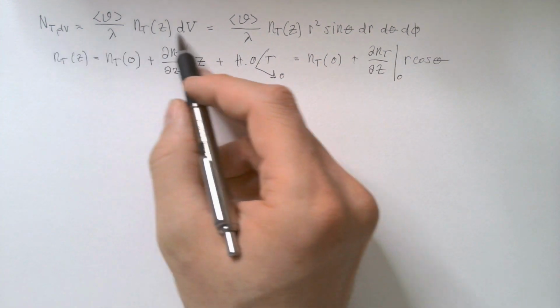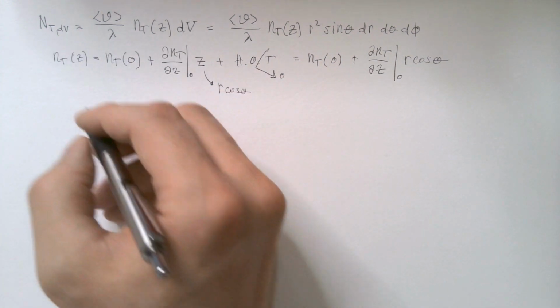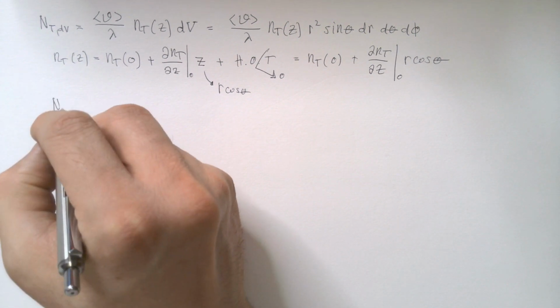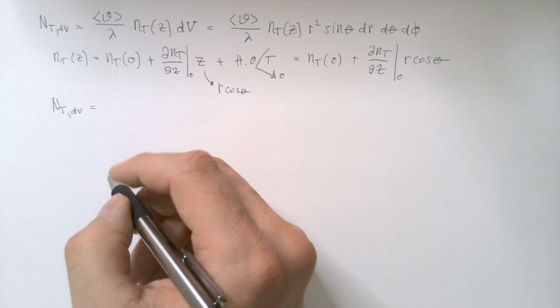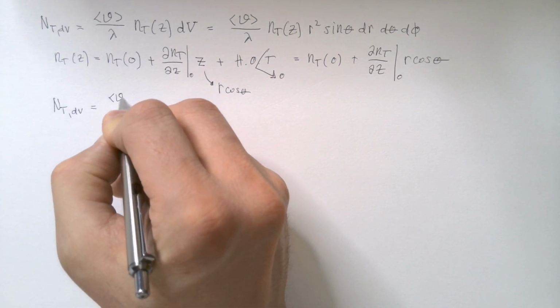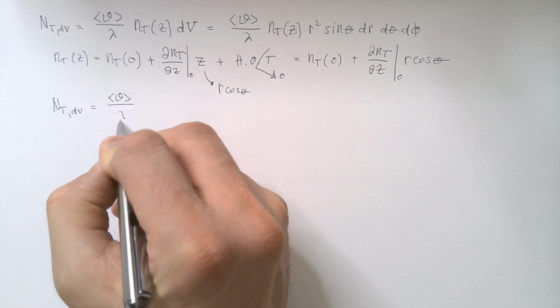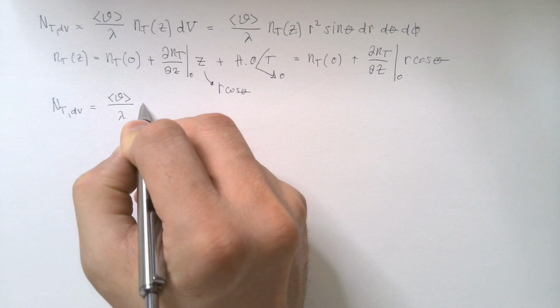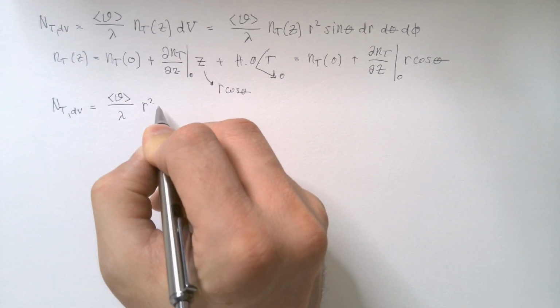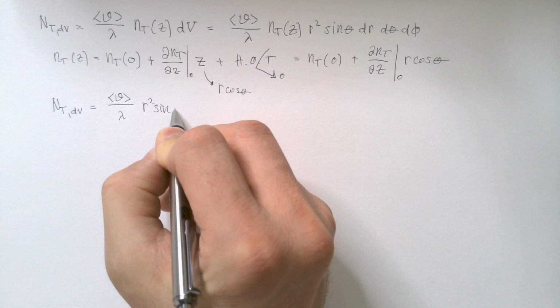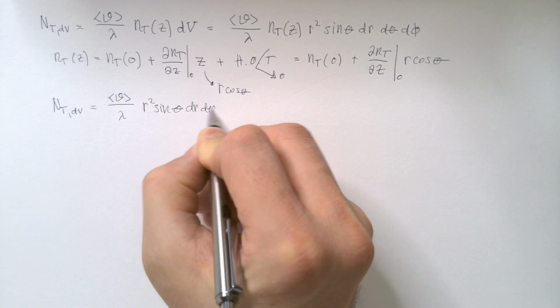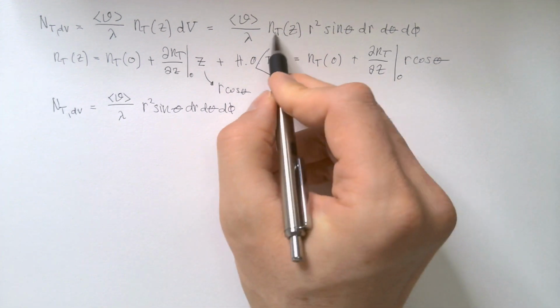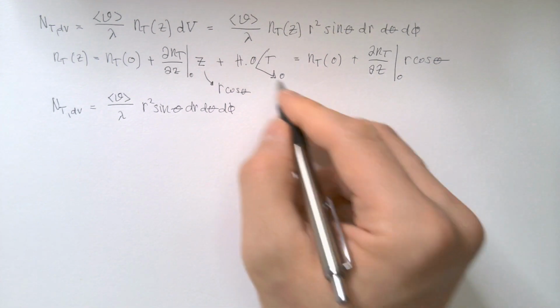So this expression over here becomes nt dv is equal to mean speed divided by mean free path, r squared sine theta dr d theta d phi, and times this, which is that.